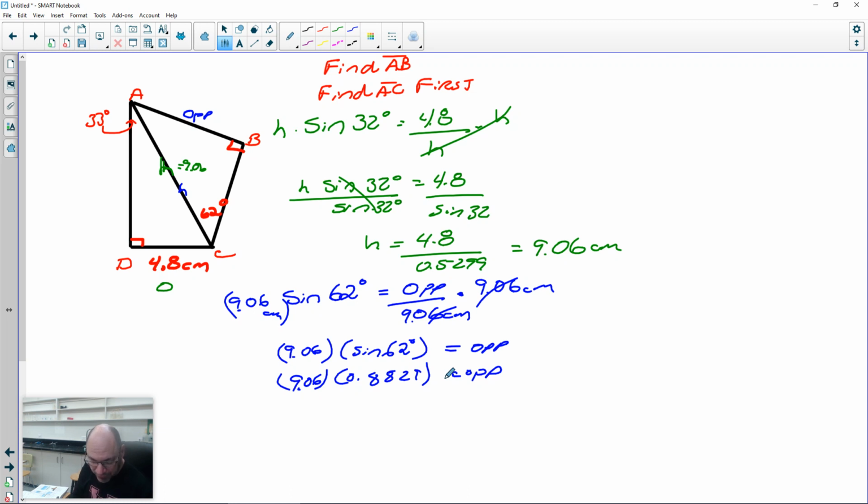Okay, I get 7.99999, so we'll say 8, which is equal to side AB. Okay, so there's an example of one where you might have two triangles facing each other. So that gets us through the first part of the day in terms of drawn triangles.